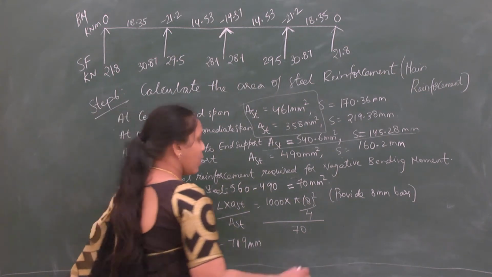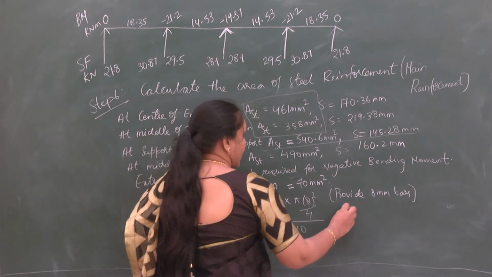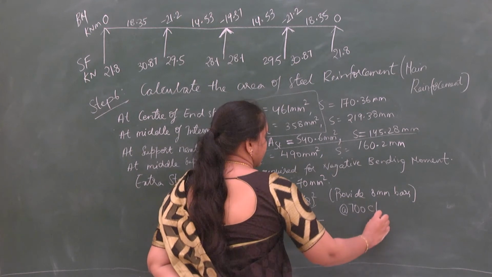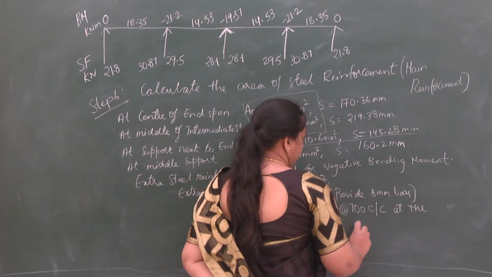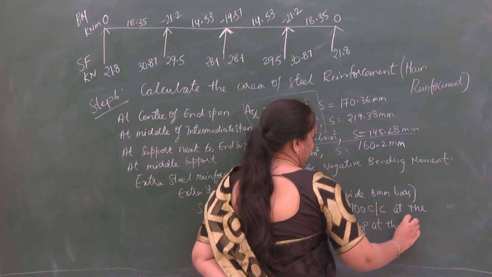So the area of steel you have to provide is 70 mm square and the spacing is 719 mm. So here I am providing 8 mm dia bars at 700 center to center at the top at the supports.